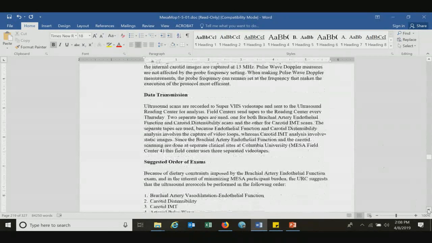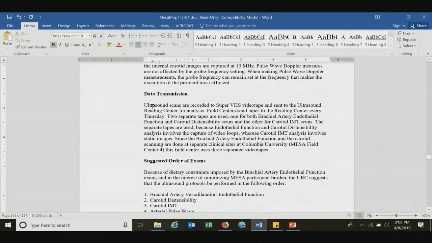Then they're talking about how the data are going to be transmitted to the reading center. So, this was several years ago, but nonetheless, by having one reading center, so all images are being read by the same group of people, then you're not getting variation across site.